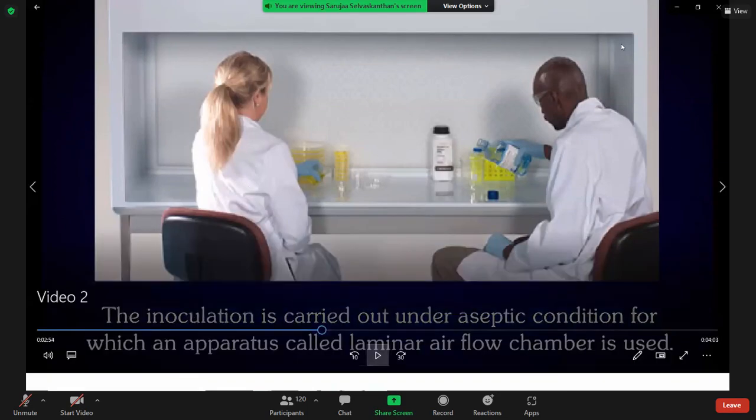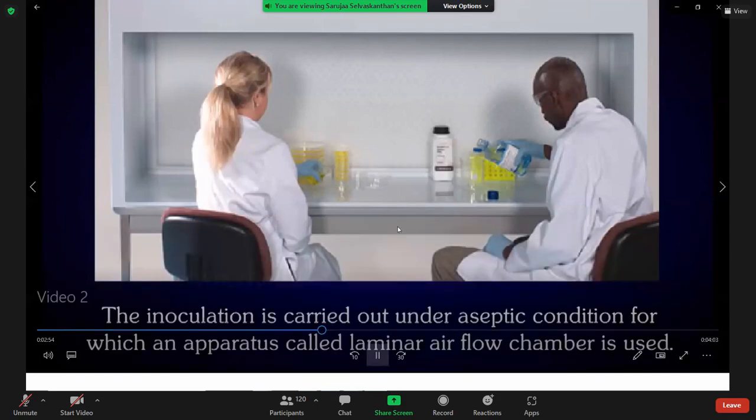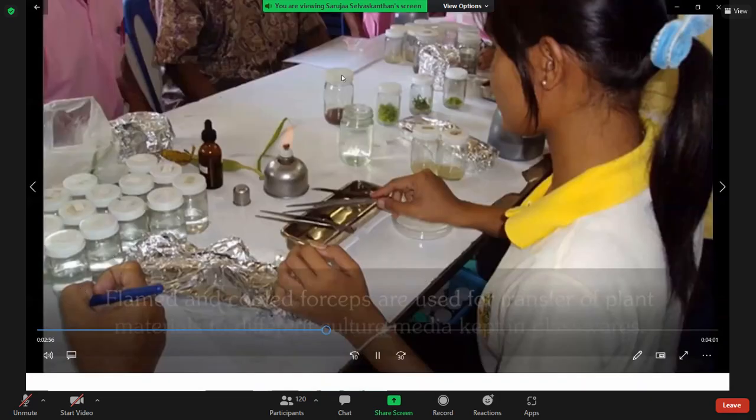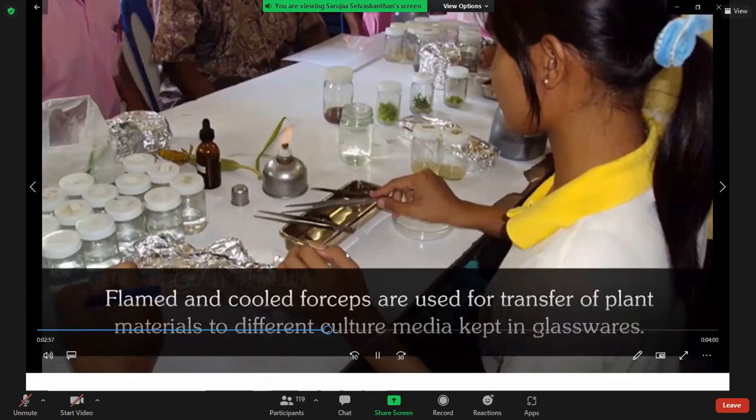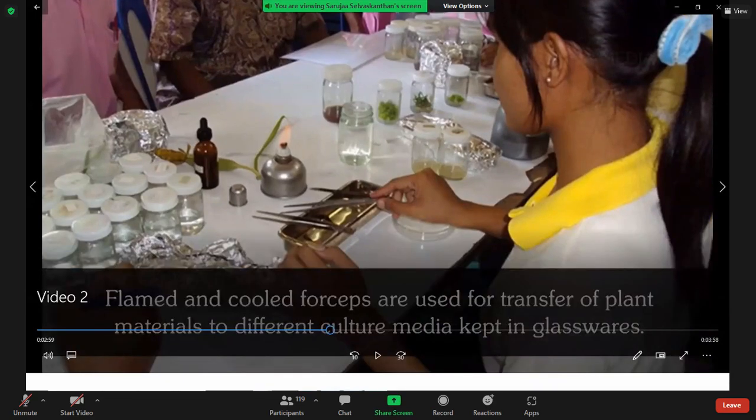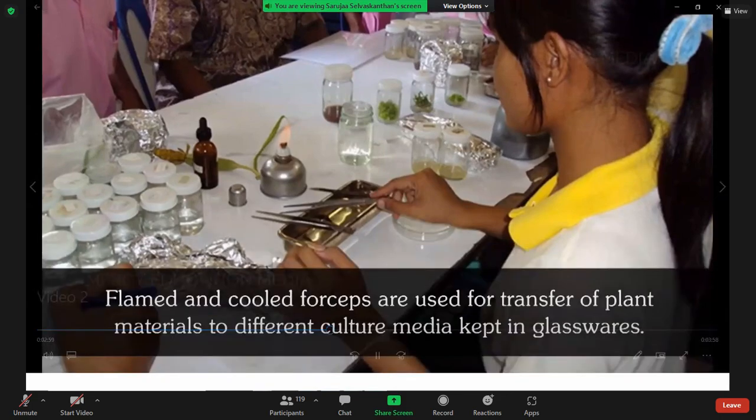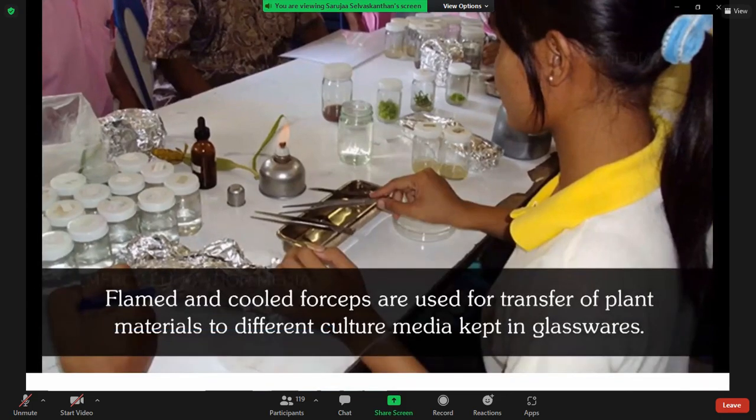This is a large laminar flow. Flamed and cooled forceps are used for the transfer of plant materials to different culture media kept in glassware. She is working under the laminar flow, right?